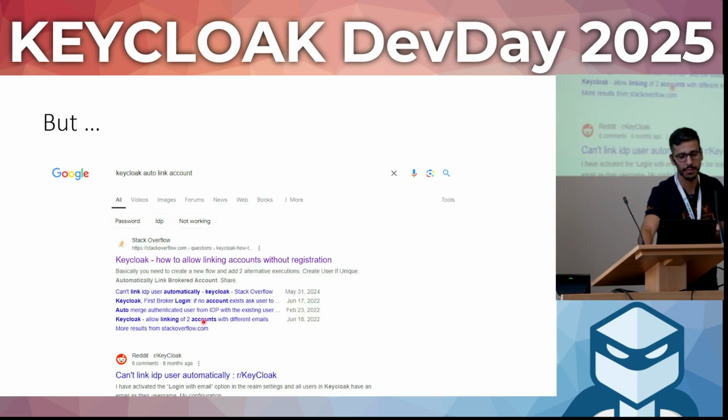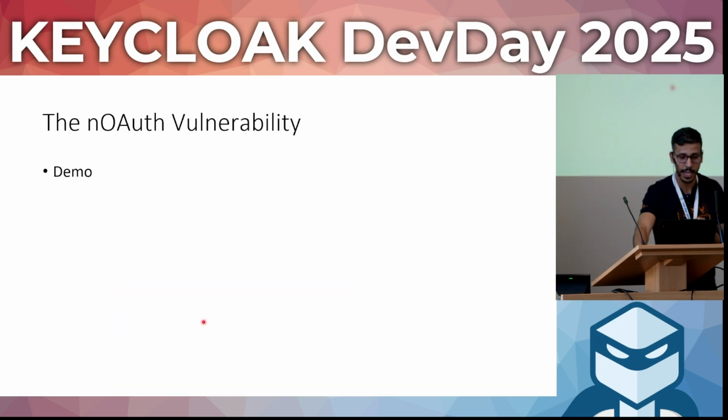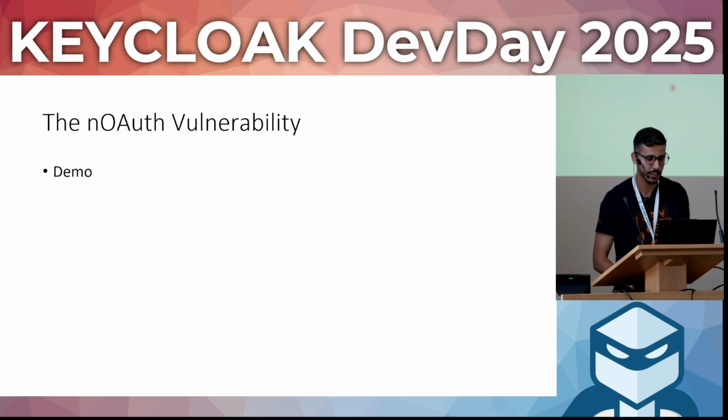This is something that I found a lot of people asking how to implement, so it's perfectly possible to come across this setting in production environments. Let's see what happens when we satisfy both requirements.